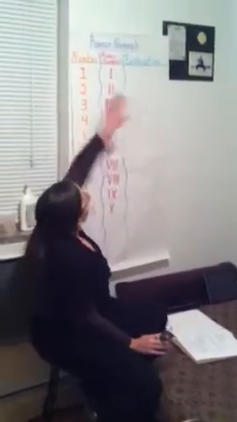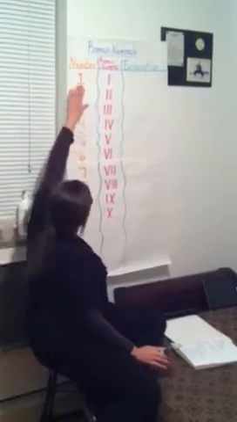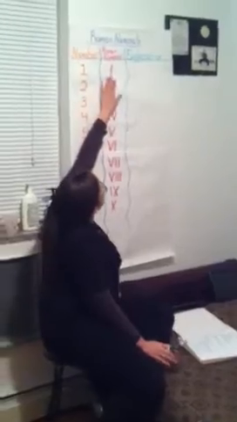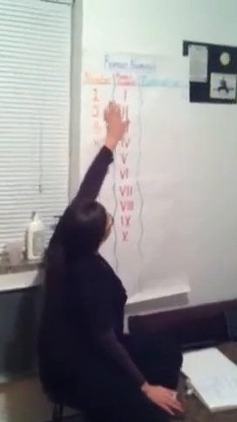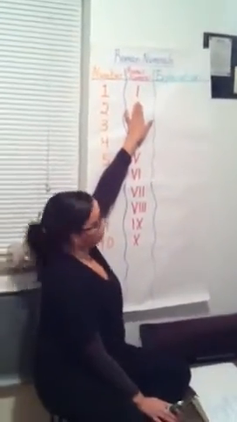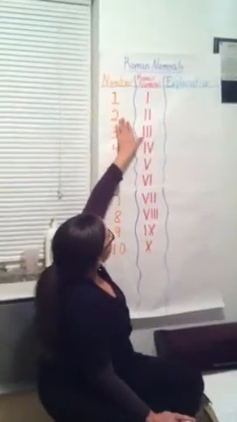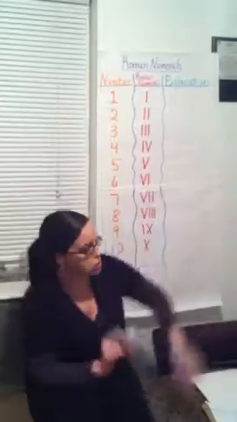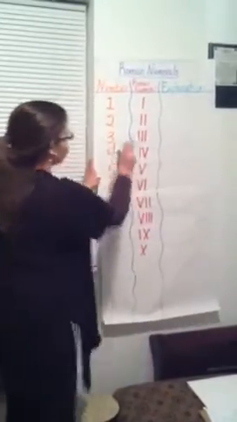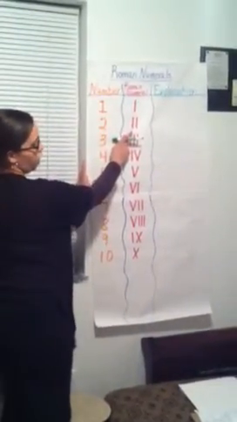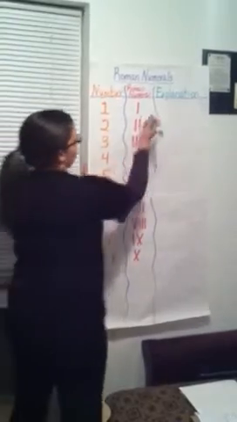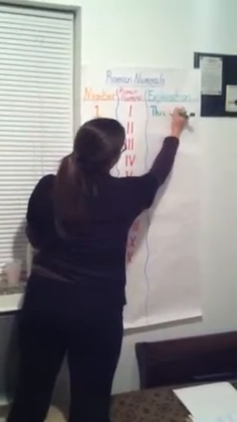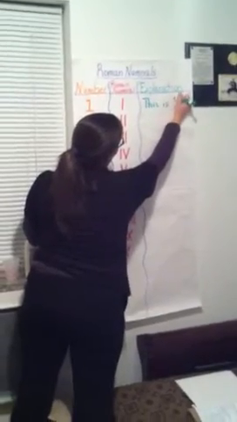So, here is our number system from 1 to 10, and the Roman numeral for 1 looks pretty simple, I. For 2, it's two of these, they look like eyes. So I'm going to write here, this is 1.